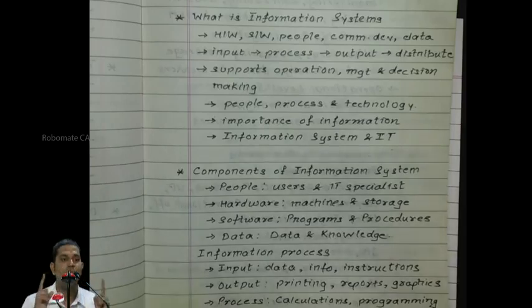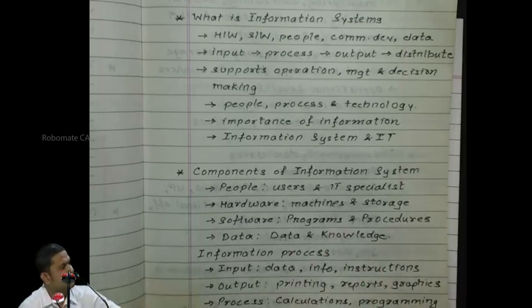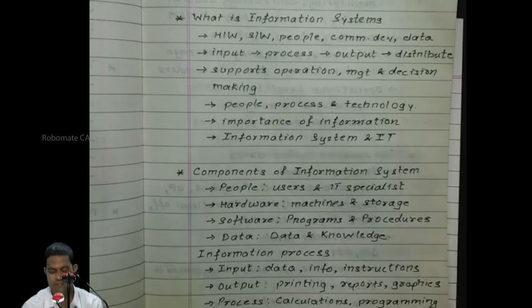So there are 2 types of people. When we talk about food, there are 2 types of people. One, we who eat food, and one, our mama who cooks the food. It is in the same way. Users who use the system, and IT specialists who create the system and take care of the system.